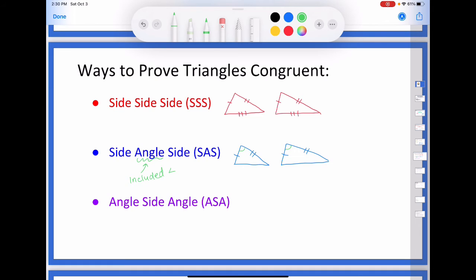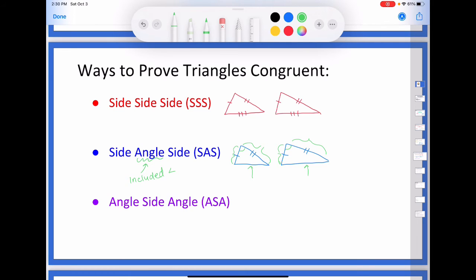Now think, if we knew a side length of 3 centimeters for this one, and we knew this one was 4 centimeters, so if we had toothpicks that were that length, and I knew exactly that the angle in between them was the same, then this last side would have to be the same length for both of them.